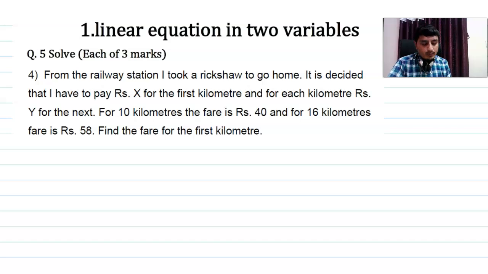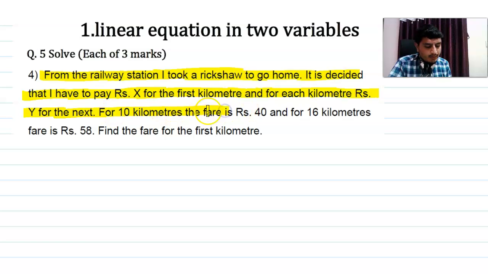Look at question number 4 now. From the railway station I took a rickshaw to go home. It is decided that I have to pay rupees x for the first kilometer and rupees y for each next kilometer.